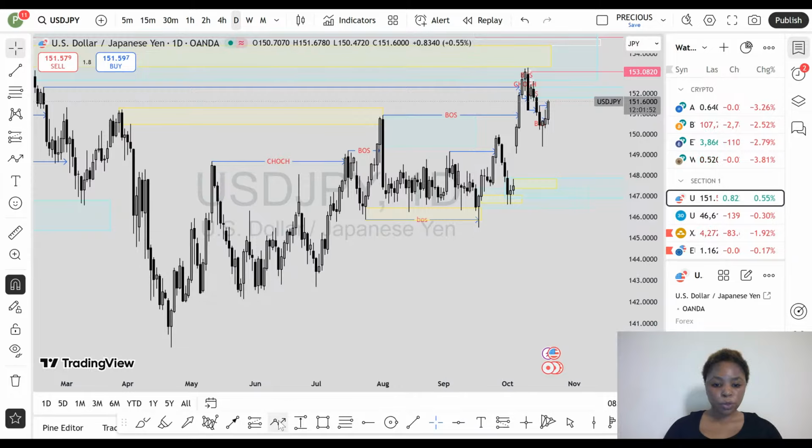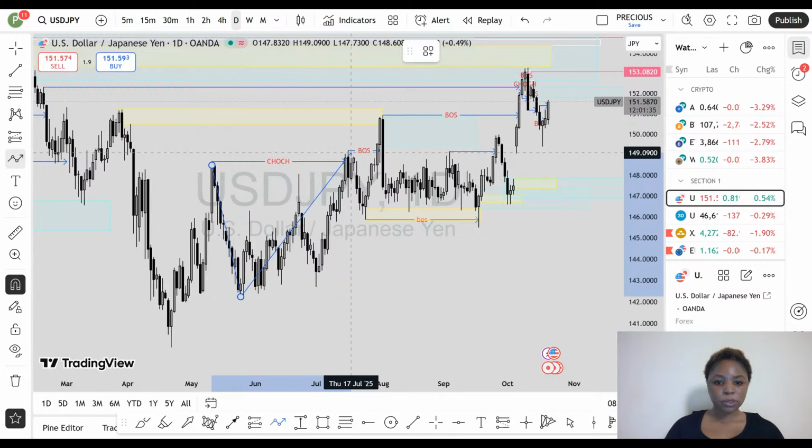So you can see the market came downward here. If I'm marking, this is a leg of price, right? So market moves all the way down here and moves all the way to this level here.